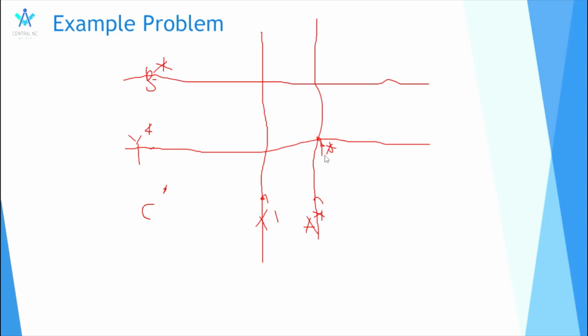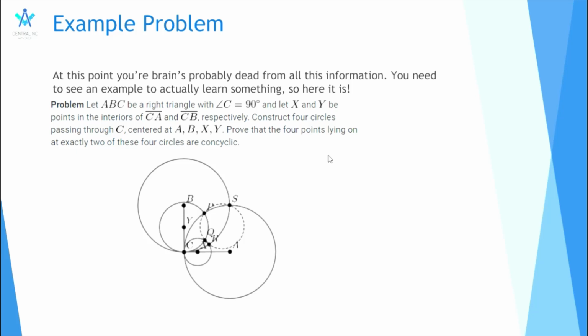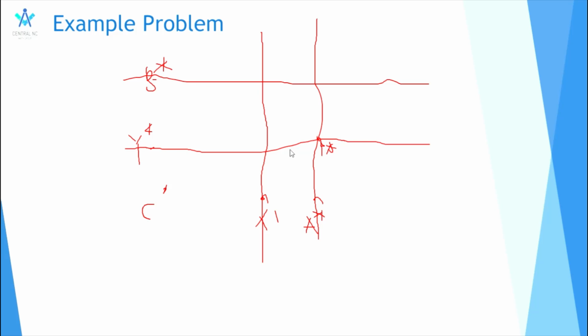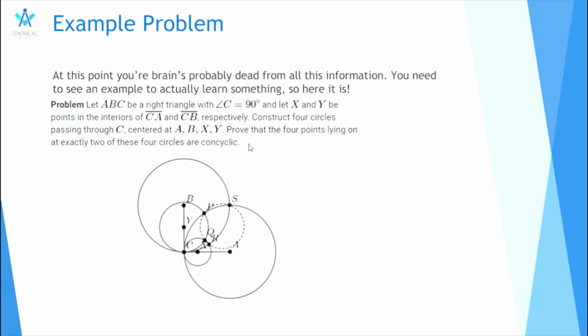Now similarly, we can draw Q prime, R prime, S prime. Q prime is X and Y, right? Yeah, X prime and Y prime. R prime will be X and B, and then S prime will be A and B.